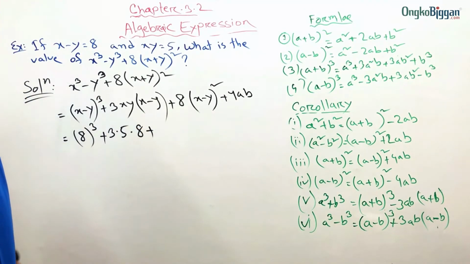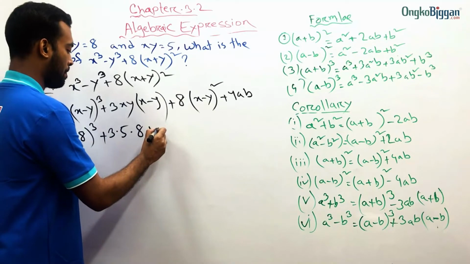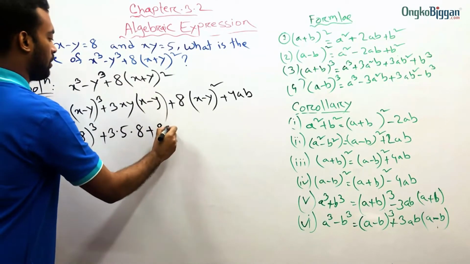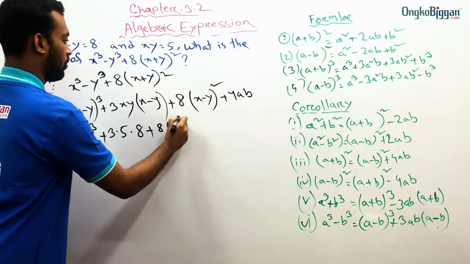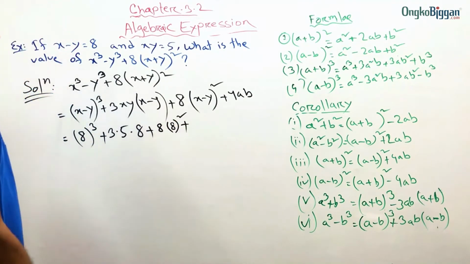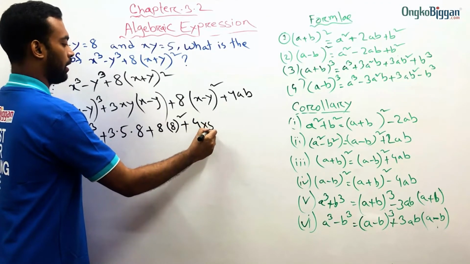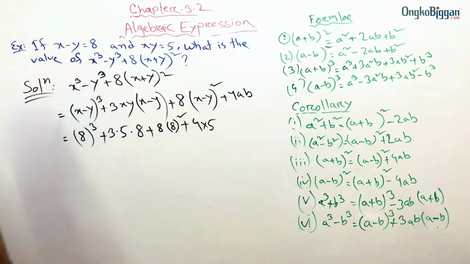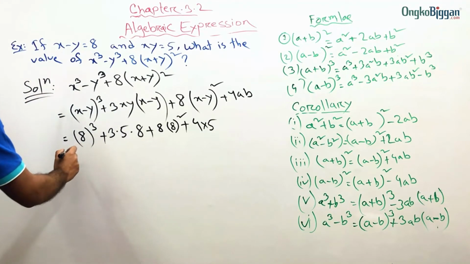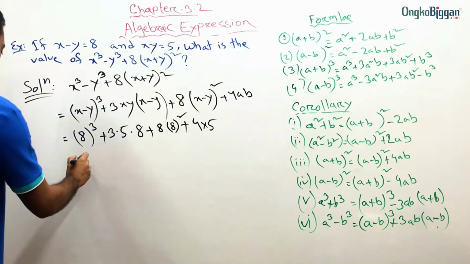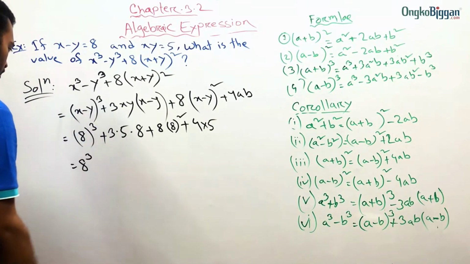Then 8 into (x minus y whole square) which is 8 square, plus 4 into 5 into 5. Okay, so what would be 8 cube? Okay, 8 cube, but just keep it like this, 8 cube.